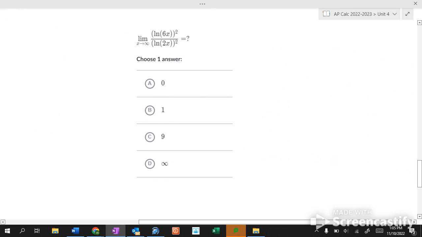Now, the same happens for infinity over infinity. Take the first derivative of the top and bottom, and you get the answer. So, what's the first derivative of the top here? Chain rule: 2 ln of 6x times the first derivative of the entire inside.